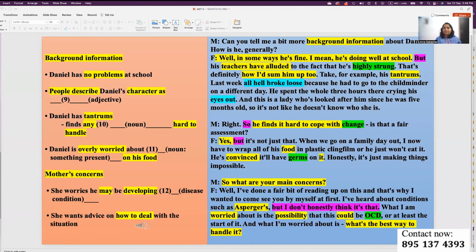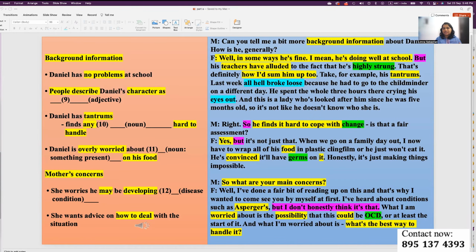Again, she is telling, but it's not just that. Again, it's a contrast word. She wants to explain more. When we go on a family day out, I now have to wrap all of his food. Food. This is our keyword. Be careful that in plastic cling film, or he just won't eat it. He is convinced.